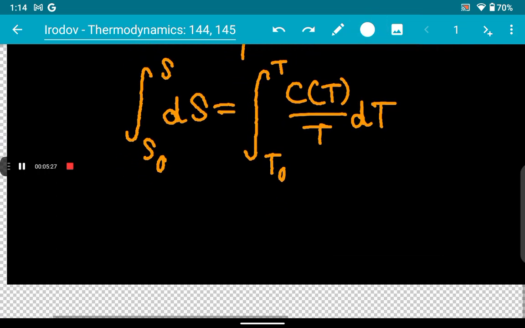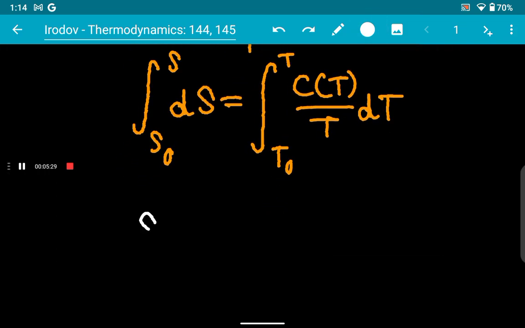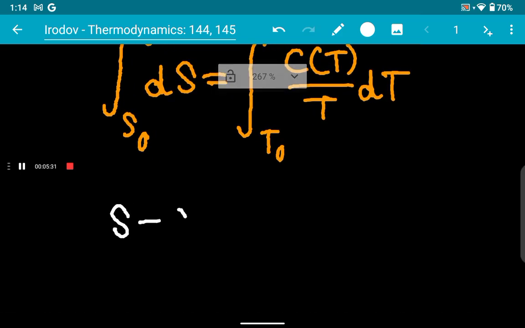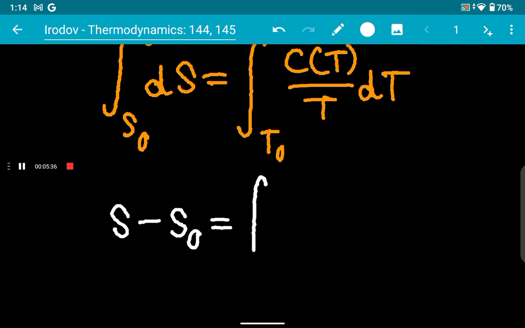In the general formula I will not evaluate this integration because I do not know C(T). I am writing it as general, not really solving the problem now.